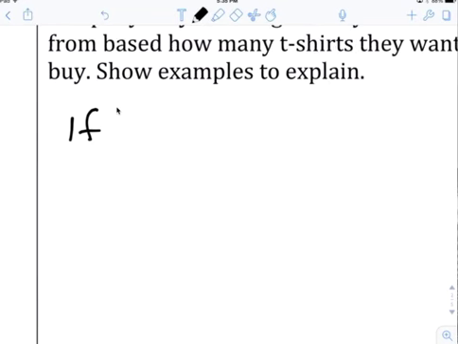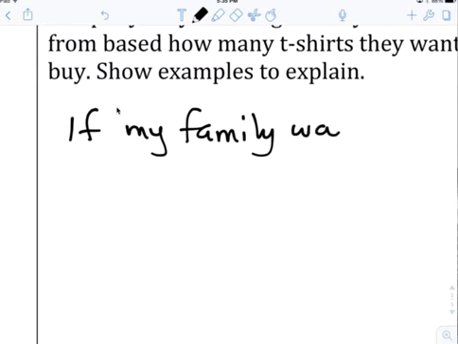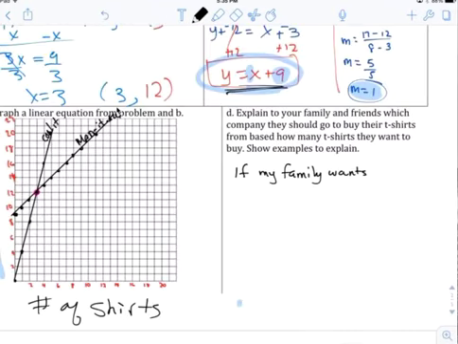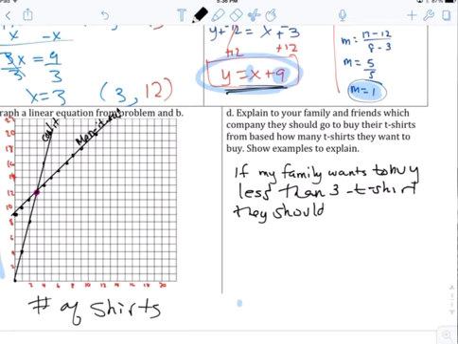If my family wants to buy, they should buy from Cool It.